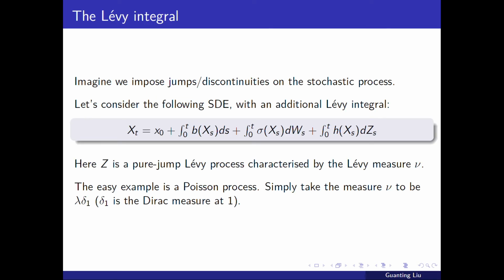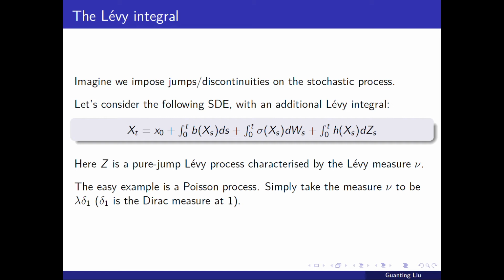for jump extension in a stochastic differential equation, we use the notation of a Levy integral here. Let's look at this as a very similar form with an extra Levy integral at the end. And for the new driving force here, Z, we consider a pure jump Levy process characterized by the Levy measure nu.